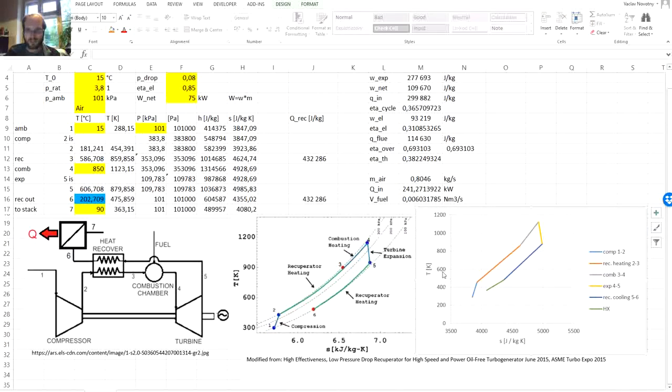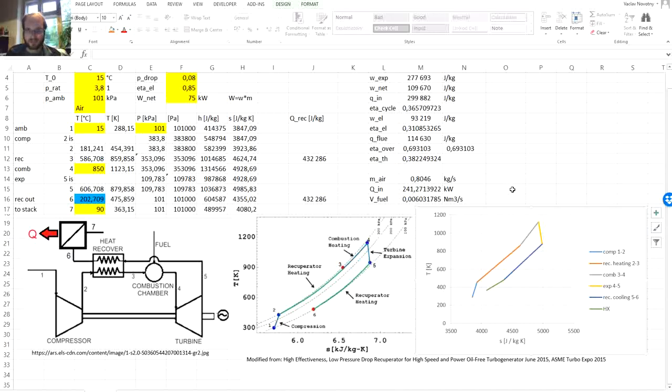Okay, so we have the TS diagram in here, but now we can see that the connections of the points are just straight lines, while in real thermodynamic processes, the isobars are slightly curved. So now the question is, are we able to also nicely curve our own chart?